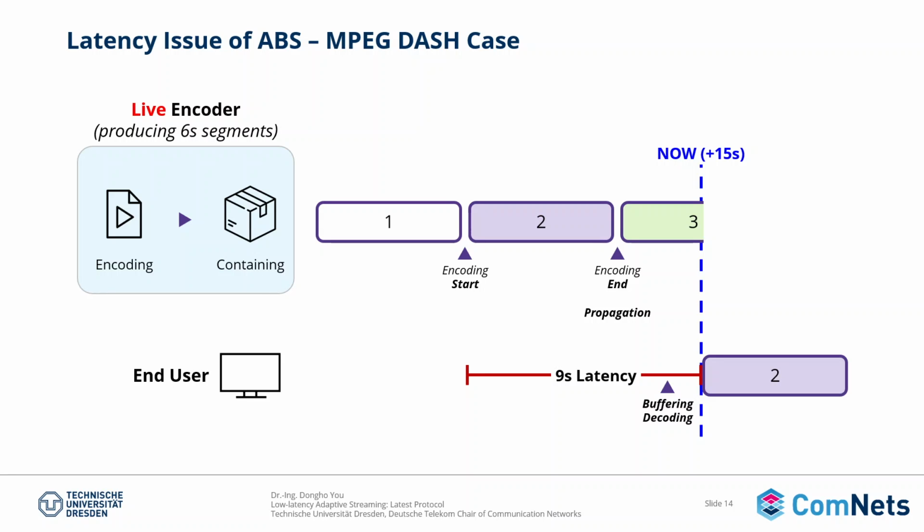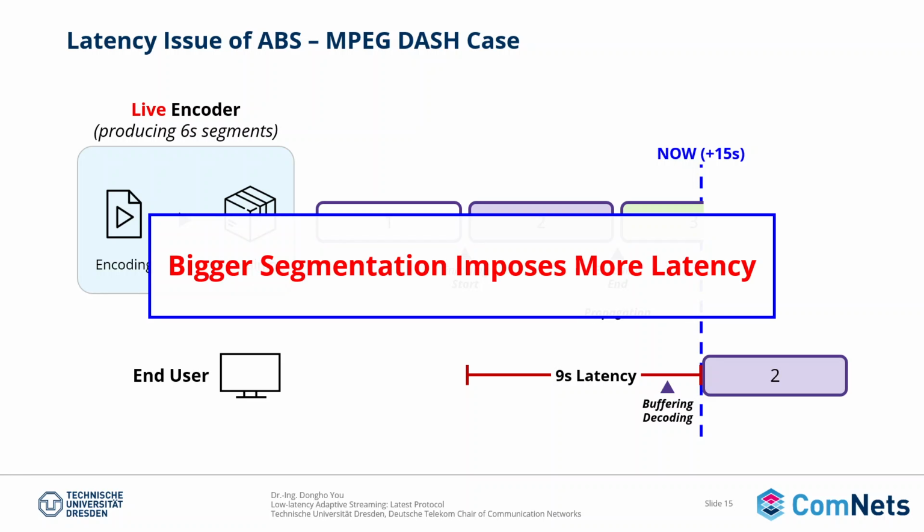This is the latency issue of ABS, like MPEG-DASH. Therefore, yesterday I said a bigger segmentation imposes more latency. This is what we learned yesterday, right?